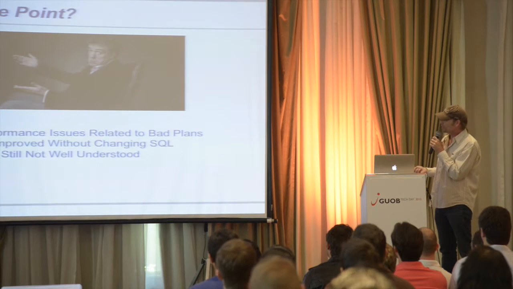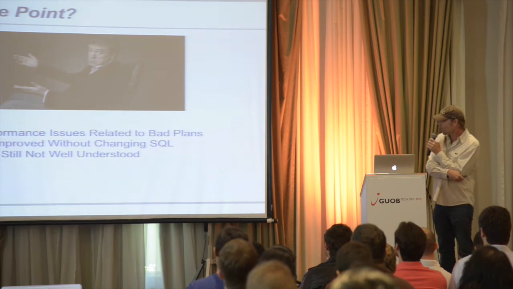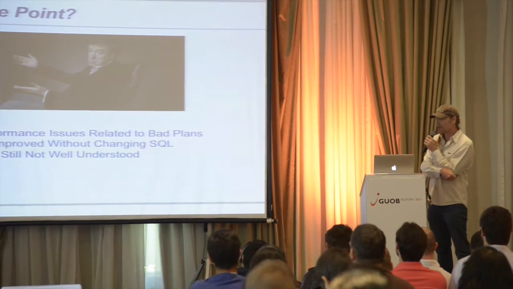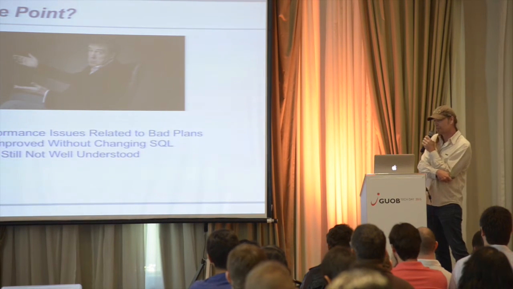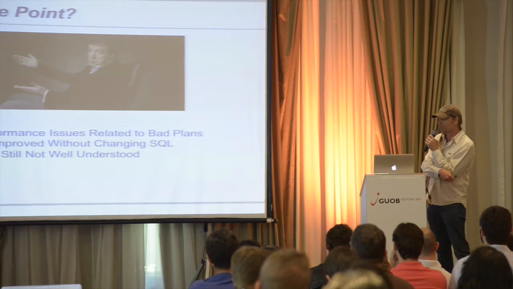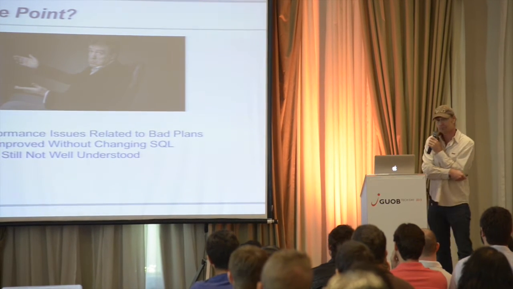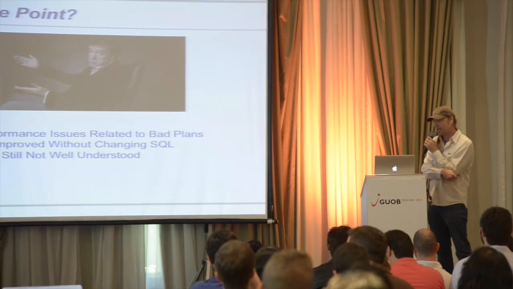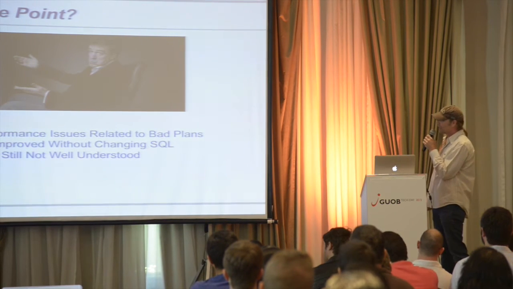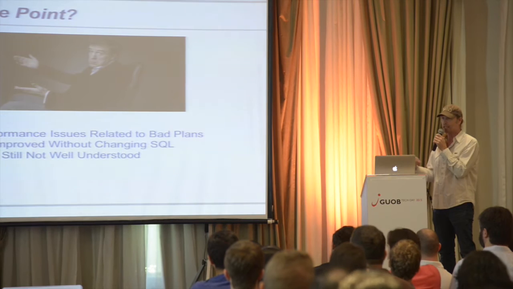Okay, so what's the point of this presentation? An awful lot of performance issues that we have in Oracle are related to execution plans. The SQL language really specifies what we want out. It doesn't really specify how to get it out, and so the optimizer inside Oracle is the piece of code that tries to figure out how to get the data out, right?